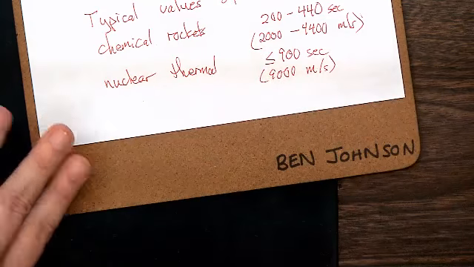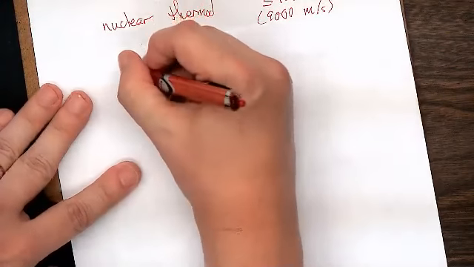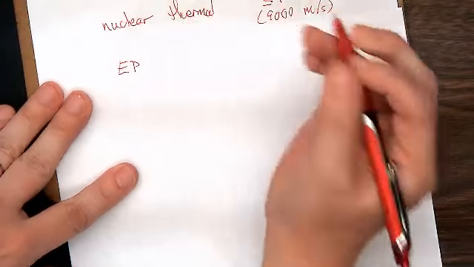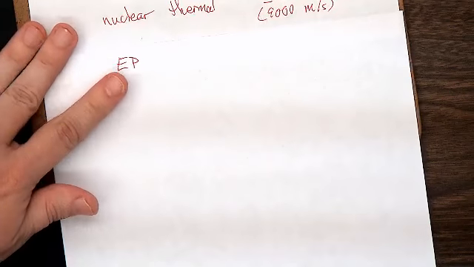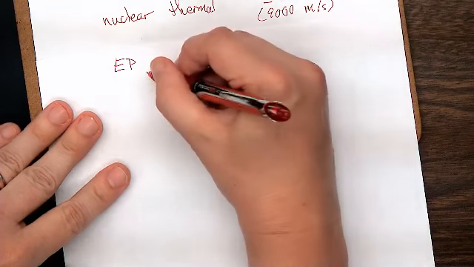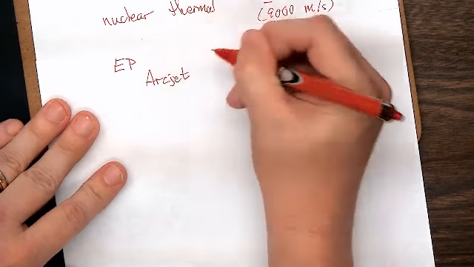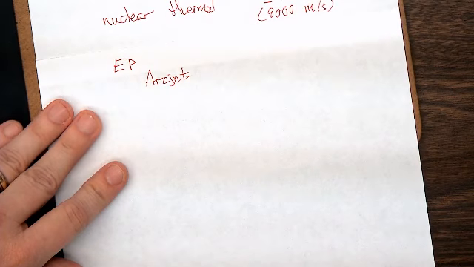Now let's look at the EP systems. Electric propulsion. We'll do the lowest performing of those, which is electrothermal. An example is the arc jet.